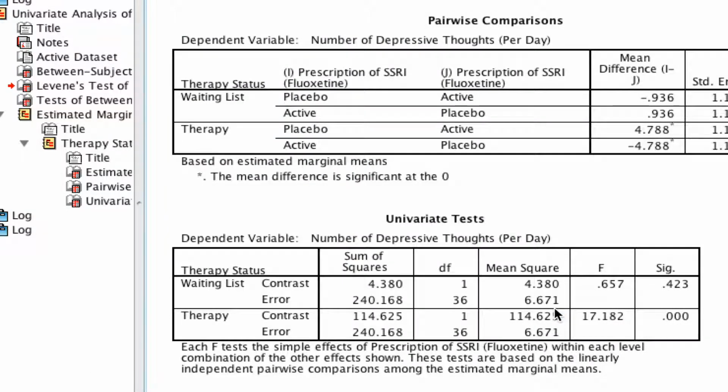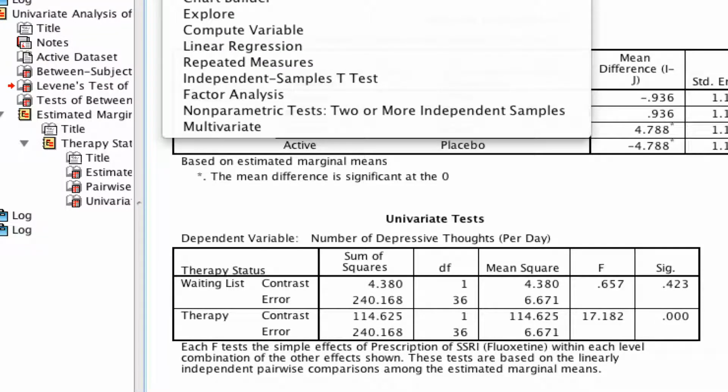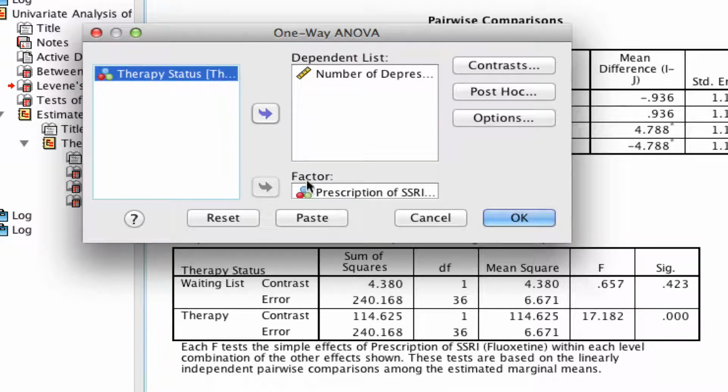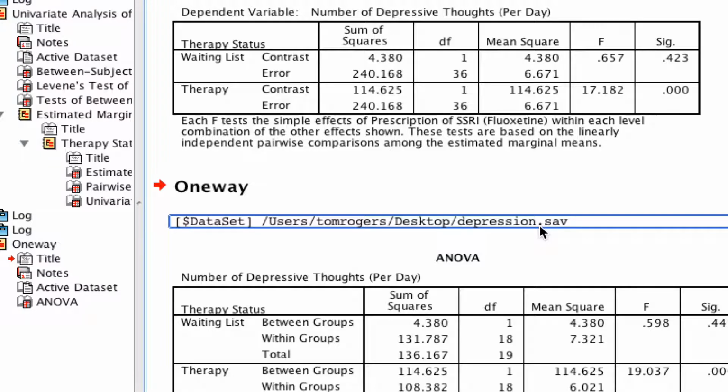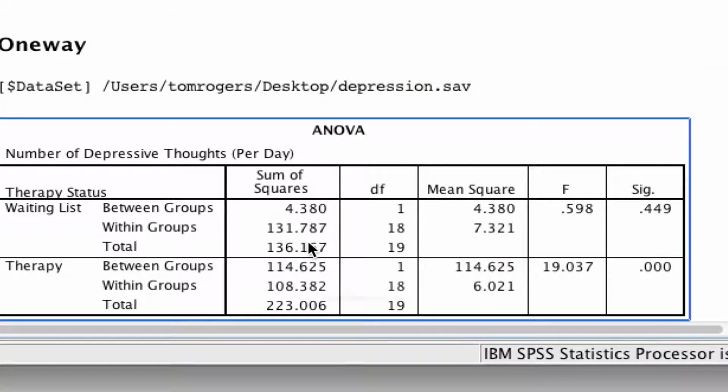So we hit OK, and now if we go to a one-way ANOVA, because we have to split on therapy status, we want to compare within therapy status groups the effect of prescription of medication. So we're just going to hit OK, and we've got both our contrasts.